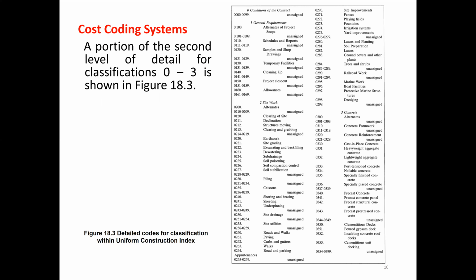So for example, concrete: concrete formwork, then concrete reinforcement, cast-in-place concrete, heavyweight concrete, lightweight aggregate concrete, post-tension concrete, specially finished concrete, specially placed concrete, precast concrete, precast concrete panel, precast structural concrete, precast prestressed concrete.